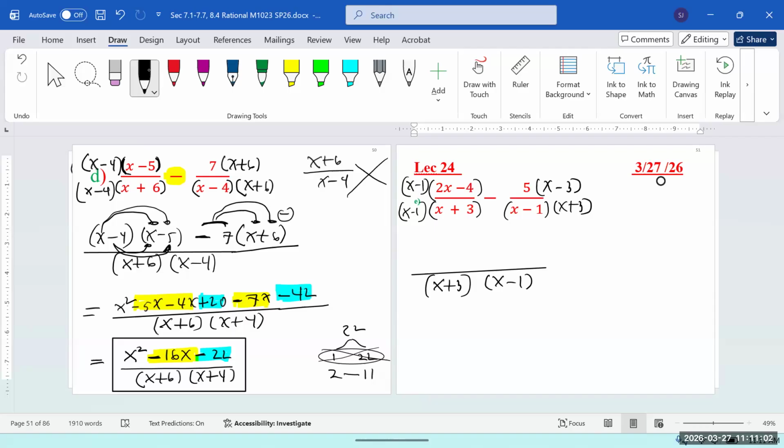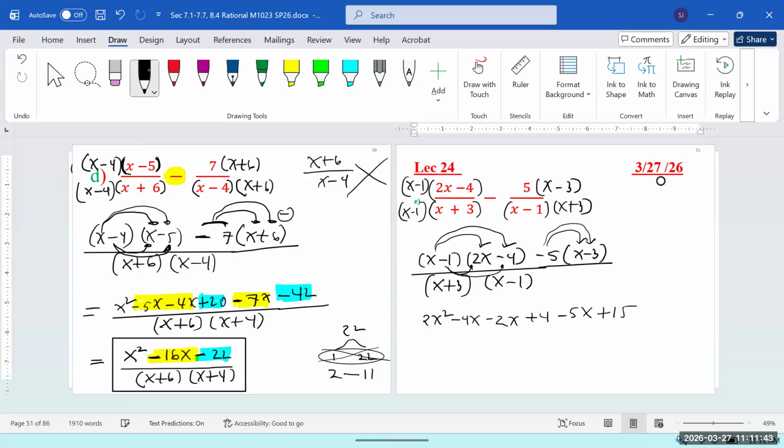We distribute the negative. Remember, you got to distribute the negative sign first. Let me rewrite to make it easier. Okay, so now let's do the distribution. 2x squared, 2x, negative 5 only?